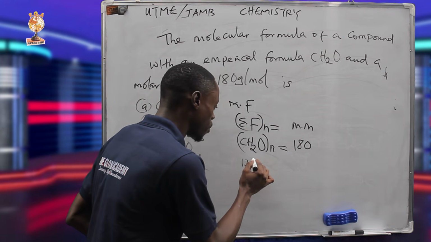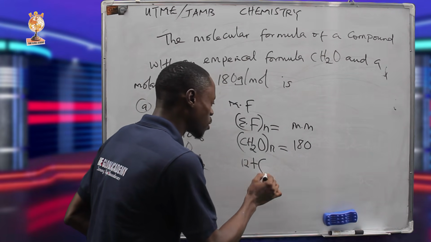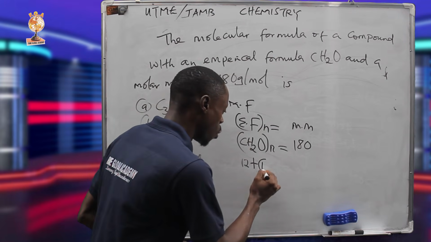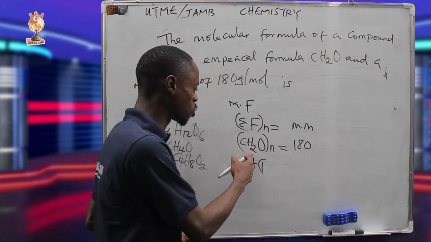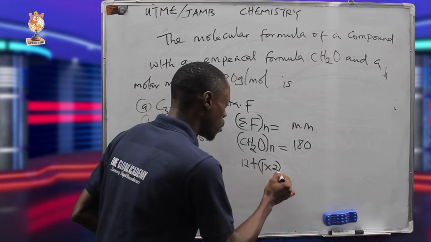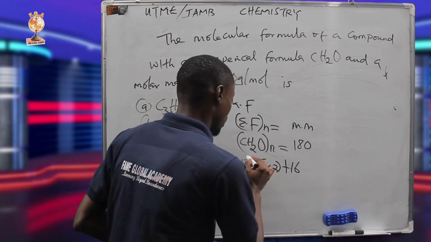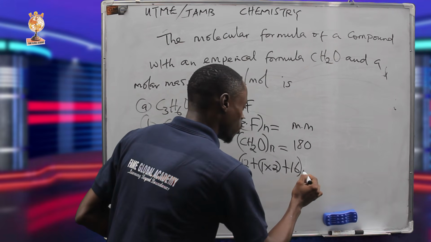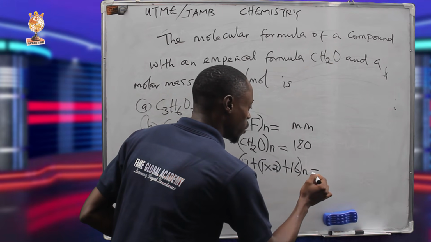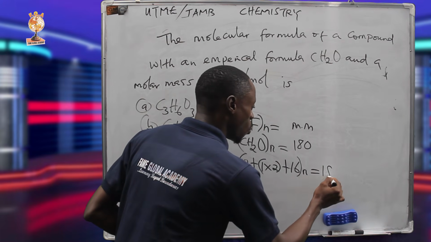We now say 12 plus, while the relative atomic mass of hydrogen is 1, and we have 2 atoms of hydrogen in this compound, so 1 times 2, plus the relative atomic mass of oxygen, which is 16. Then you close the bracket and apply N, which is what we are looking for. Everything equals 180.